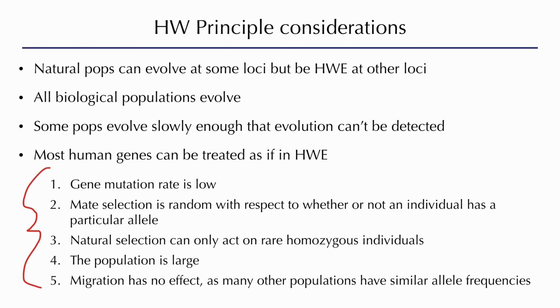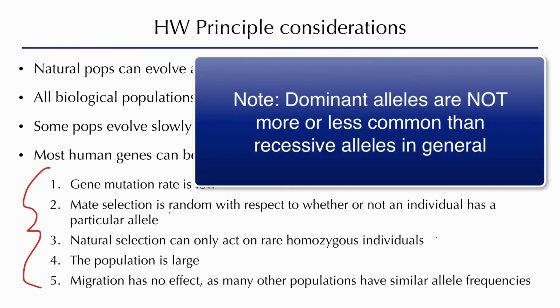So this is how the human populations meet those 5 criteria. Genetic mutation rates are low, and mate selection is generally random. So let's say the allele we're looking at is a rare, deleterious allele. You're only going to see natural selection select against that allele when it's homozygous recessive, which doesn't happen very often because most individuals have dominant alleles.